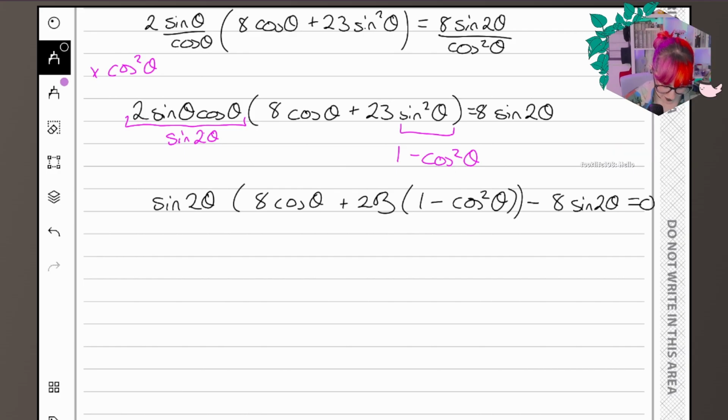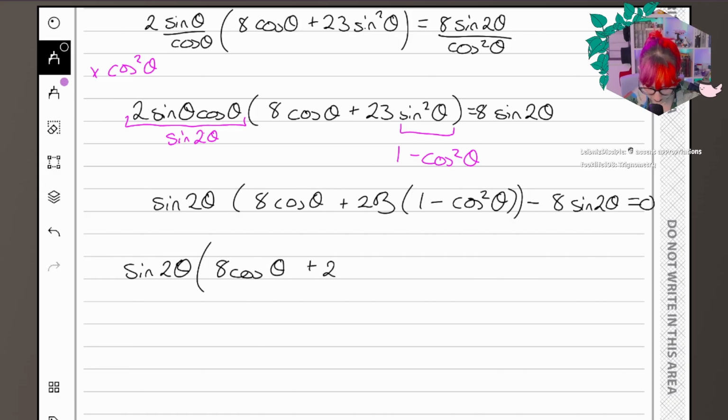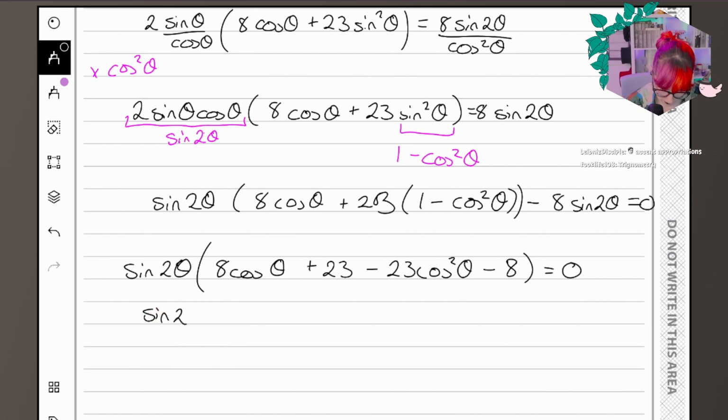So everything has a sine 2 theta in it, so I'm going to put that out the front. Then we have 8 cos theta plus 23 minus 23 cos squared theta minus 8 equals 0. So you get sine 2 theta, which is nearly what we want to be at.